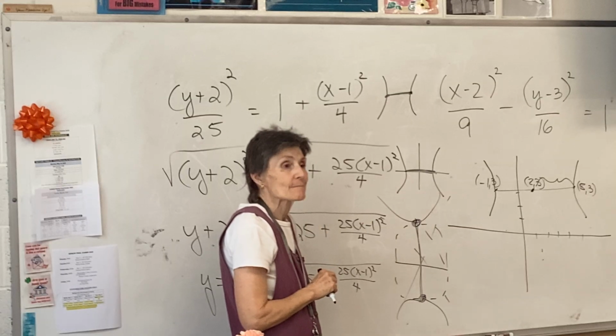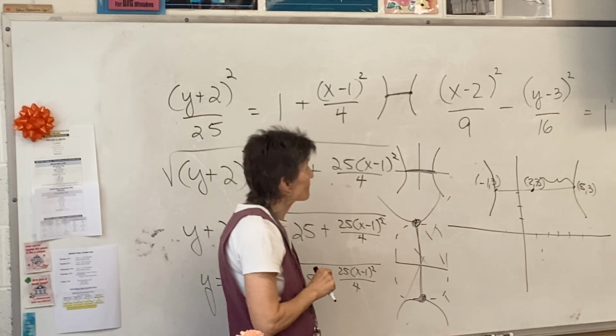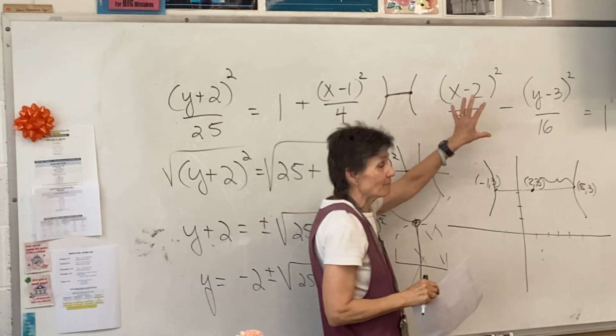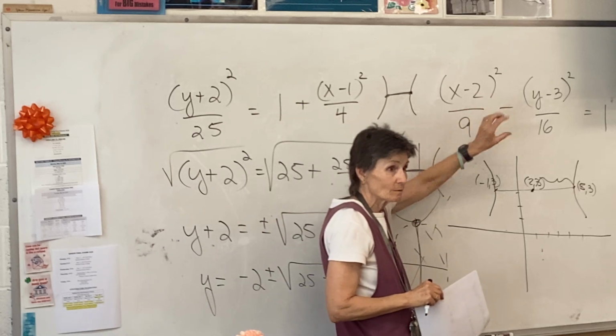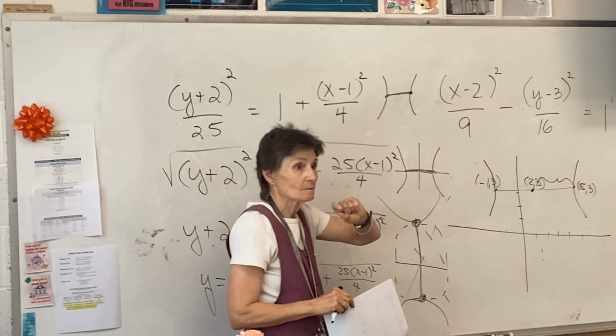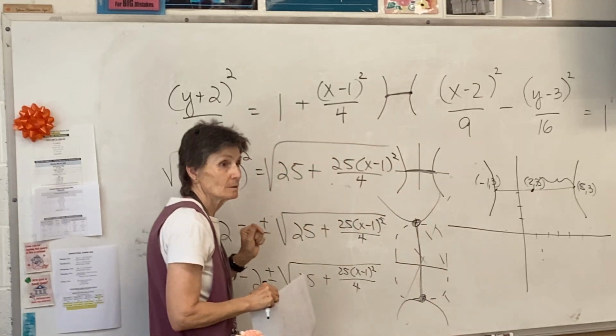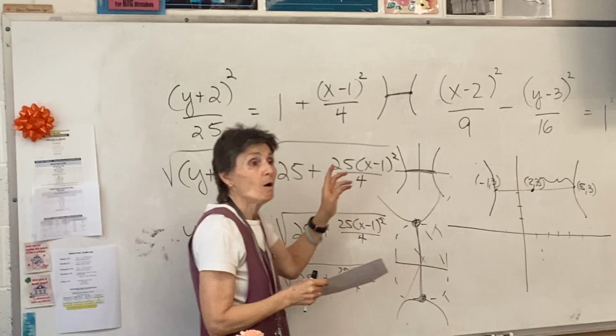How would your calculator do that? Because each one has 2 y values for 1 x value. You mean how would it graph that equation? No, how would it just graph one of the curves? Because isn't one of the curves not a function? Oh, I see what you're saying.